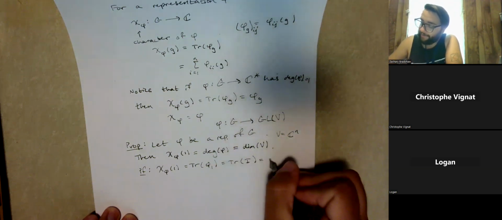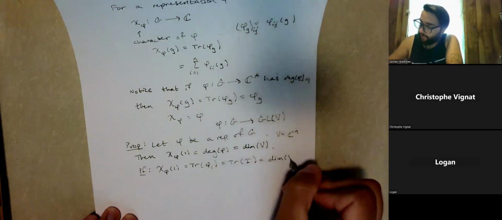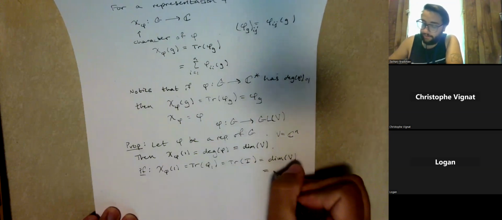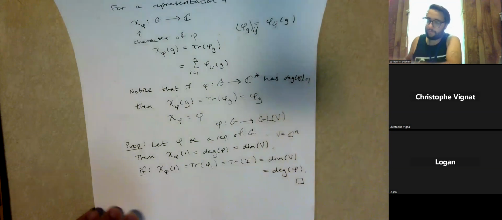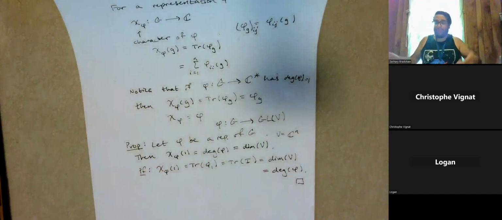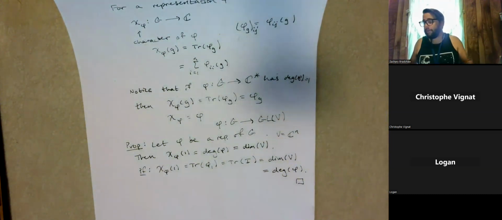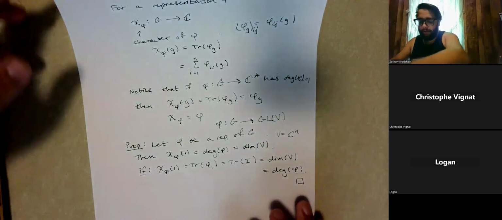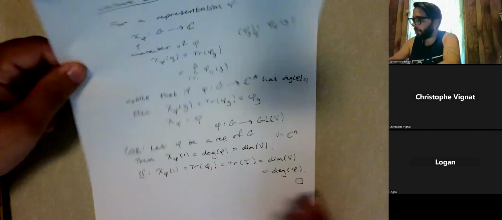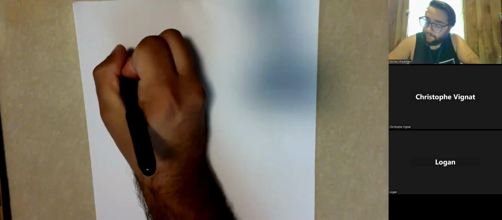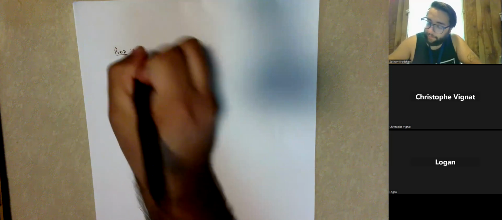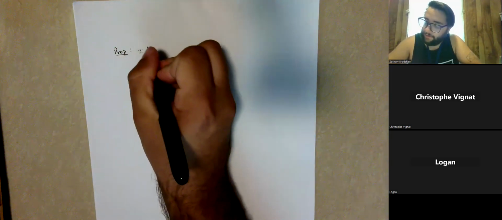And the trace of the identity matrix is the dimension of the underlying vector space, which is the degree of phi. So the degree of the representation is encoded in the character. That's good. There's other information encoded in it that we'll get to later. But first, I want to mention a nice property that we're going to use.